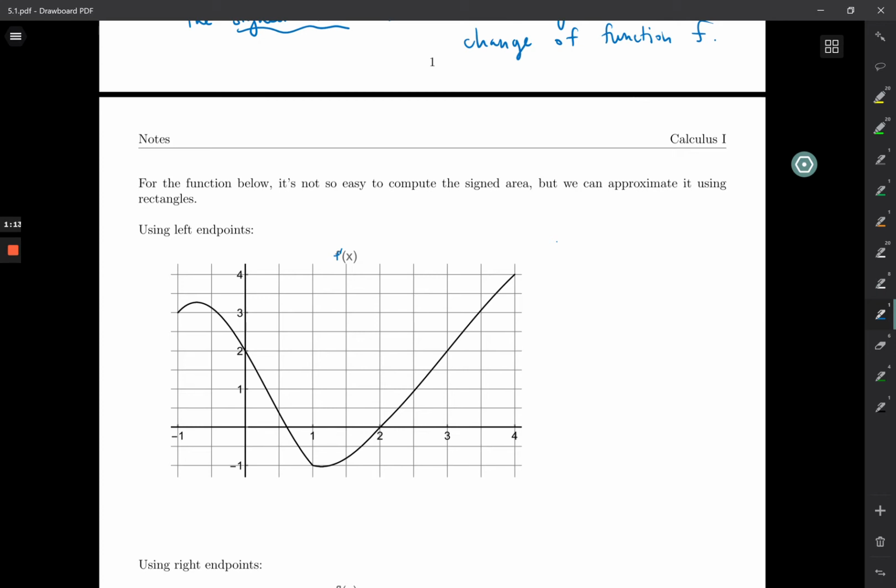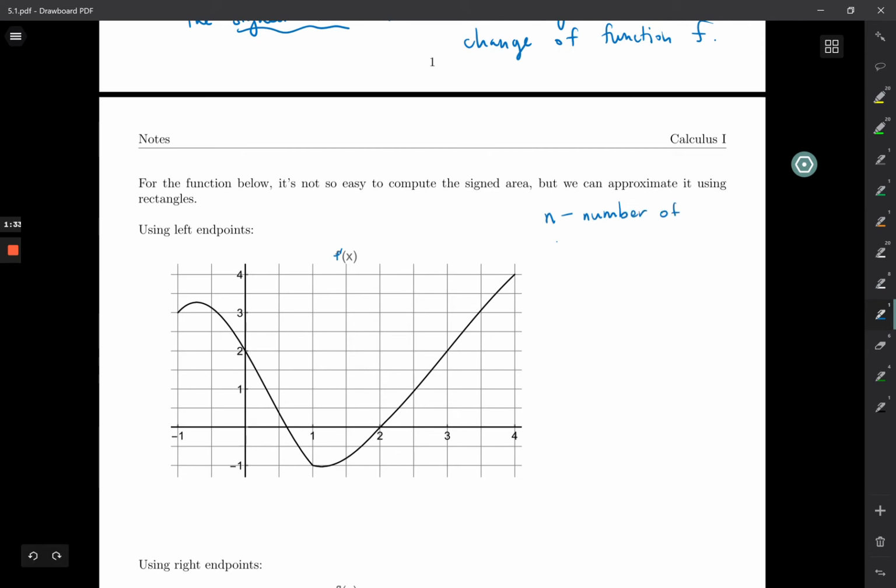Then we'll just add up the areas of those approximating rectangles to get an approximation of the area underneath the curve. And so always we will use n to denote the number of rectangles when we're referring to this process.